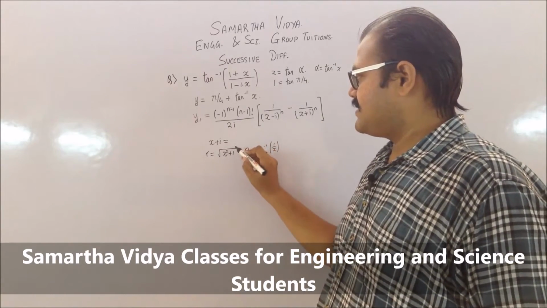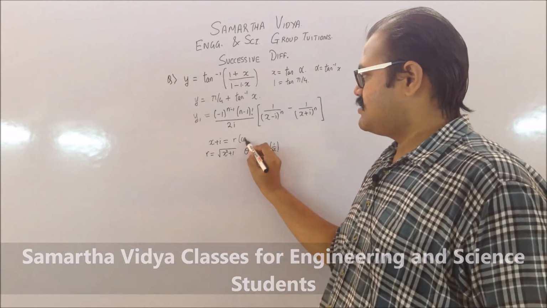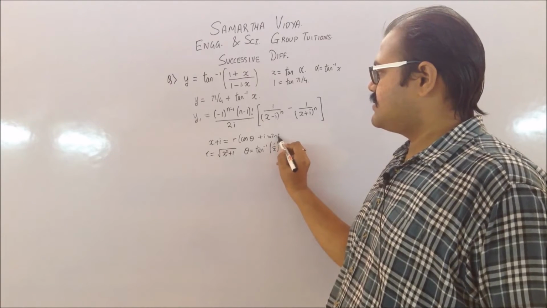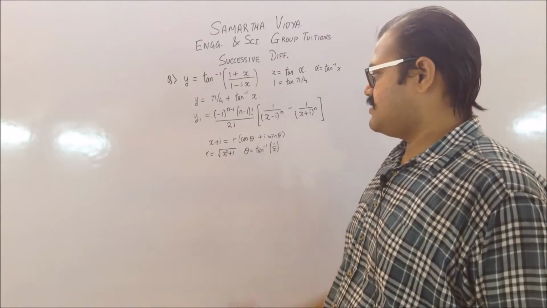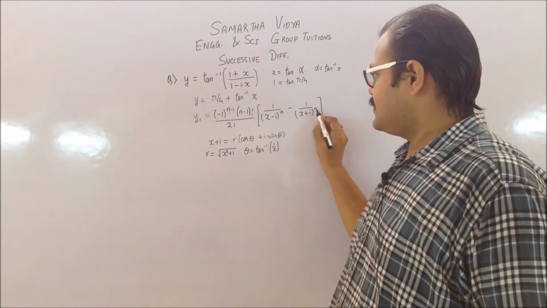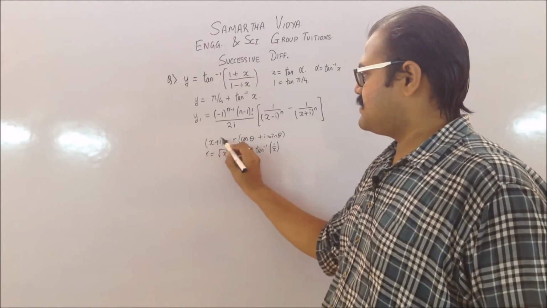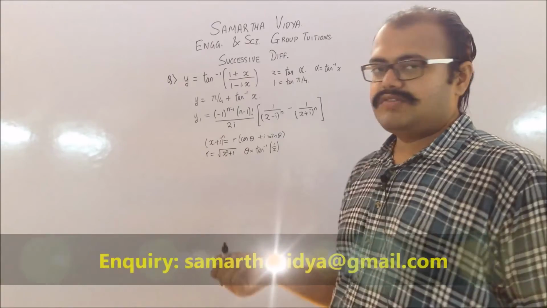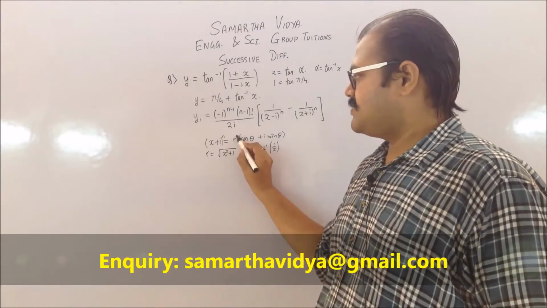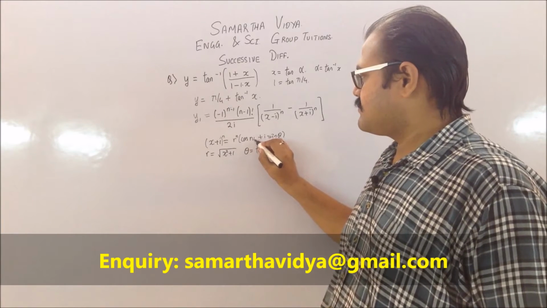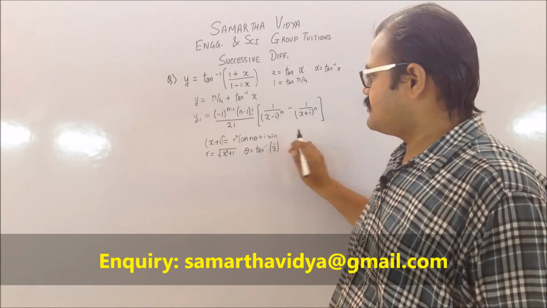So you will be getting this as r into cos theta plus i sin theta, where theta and r are given below. Now this thing is raised to n, so it's going to be x plus i raised to n. Using De Moivre's theorem, it's going to be r raised to n, cos n theta plus i sin n theta.